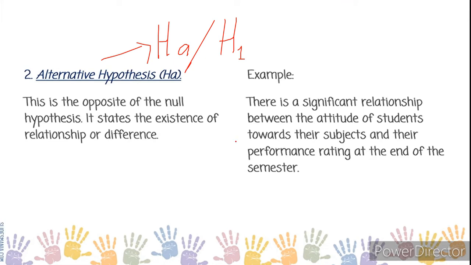So, you can see, there is no negation here. Sabi niya, there is a significant relationship between the attitude of students. So, there's no word na makikita natin sa example na no, not, something like that. Ibig sabihin po, it has something to do with positive sa statement natin. So, yun lang po yung palatandaan.